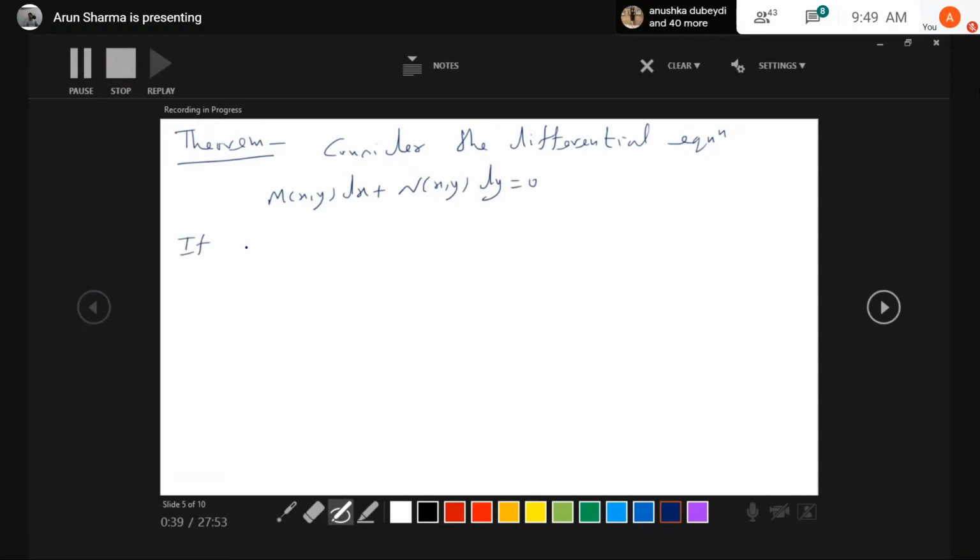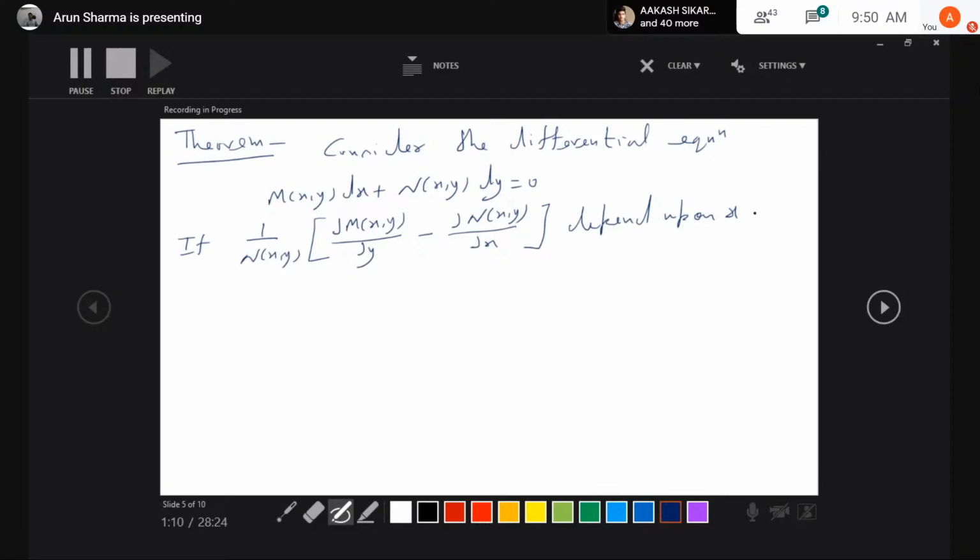If 1 upon N(x,y) times del M(x,y) upon del y minus del N(x,y) upon del x is a function of x, depending upon x only, then our integrating factor is exponential.